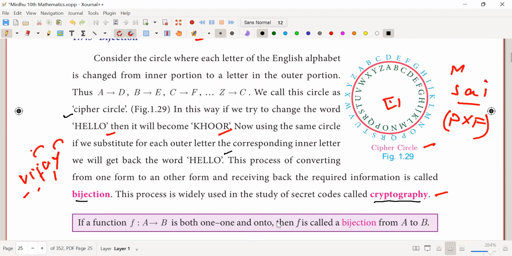This process is widely used in the study of secret codes called cryptography. All the secret or very important information is sent as a cipher. It is a secret message only meant for a certain kind of people. They would know the unlocking code. With that unlocking code, they can get the result back, what the message is.